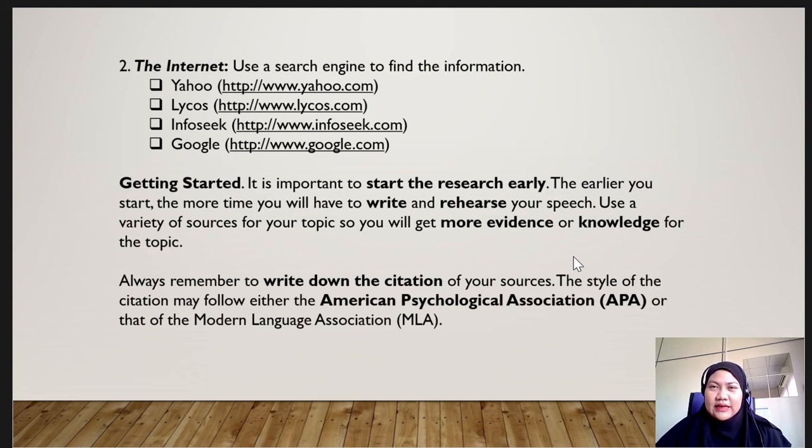For APA, I'm not sure whether you have passed your ELC231 by this time, but you should know what APA means and what the format for APA citation is. I think I'll go through the citation formats again, somewhere this month. It's not possible next month.